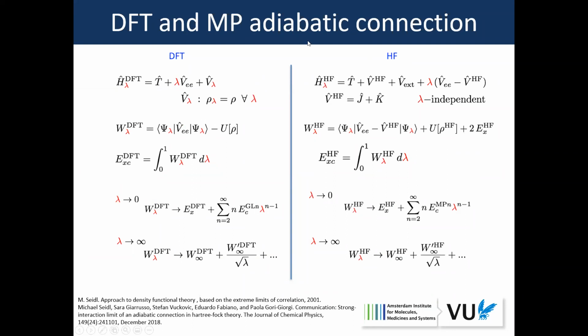This is not the case in the Hartree-Fock case, where you have this independent Hartree-Fock potential, which just depends on the J and the K. Because you now also have this lambda in front of this Hartree-Fock potential, you have some different correction terms here, but the rest is very familiar between the two, only you have here the Moller-Plesset expansion, but you have the same order in the large lambda expansion as well as the small lambda expansion.